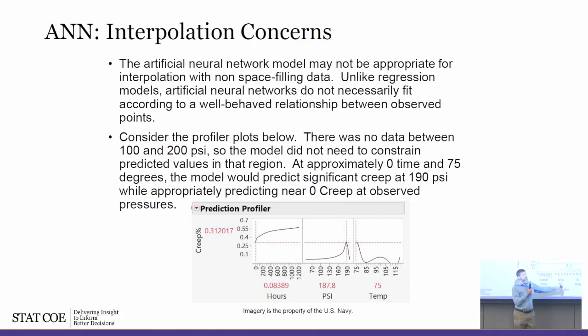And also, no creep when you first start at time 0 for 200 psi. But because it's able to model any shape, and there was no data to restrict that shape in between those values, we see a spike here at about 190 psi, where, before you even have any time, you have significant creep if it's 190, and that's not realistic.